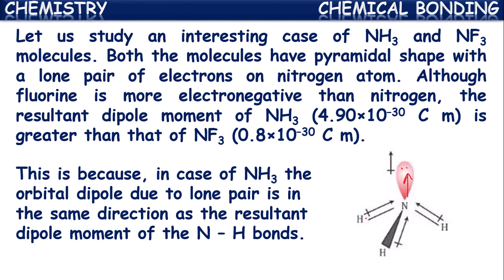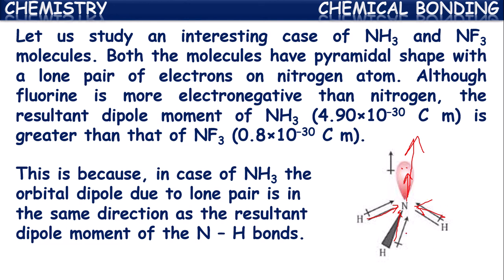The dipole moment of the NH bonds is in this direction. So all are towards one direction, and the resultant net dipole moment will be in this direction only. So in this ammonia molecule, the orbital dipole due to the lone pair is in the same direction as the resultant dipole moment of the NH bonds, isn't it?